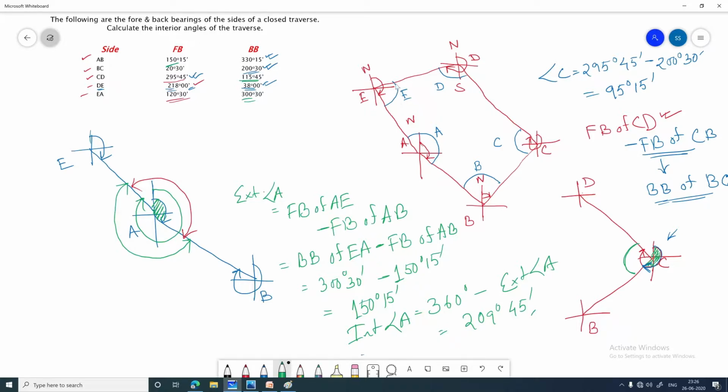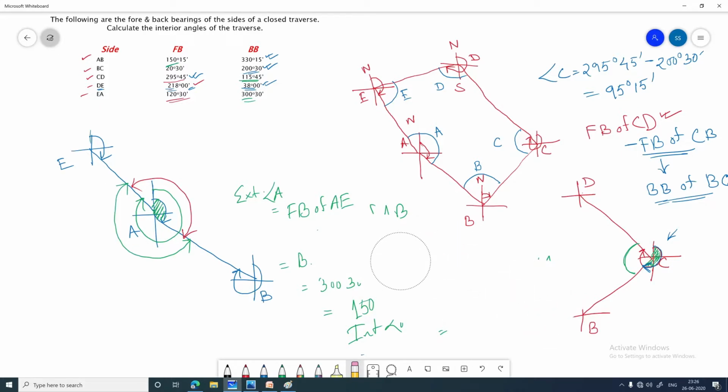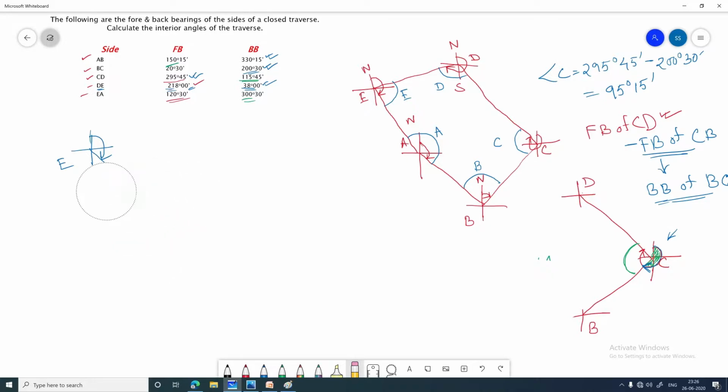Now the last one, that is the angle E. So let's do it. So the angle E, let's draw it. So this is E, this is A, and this one is D, right?